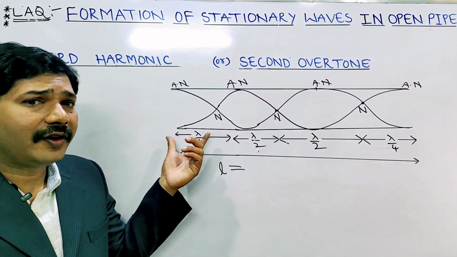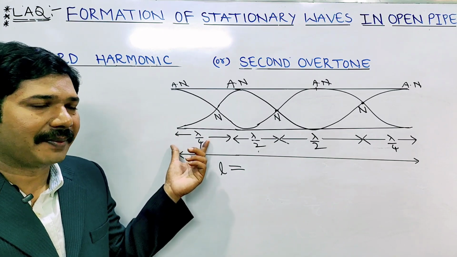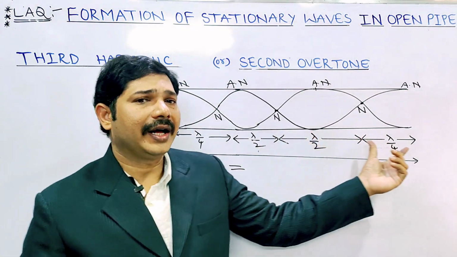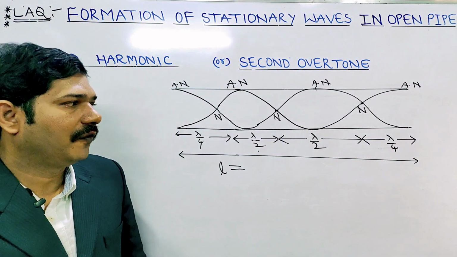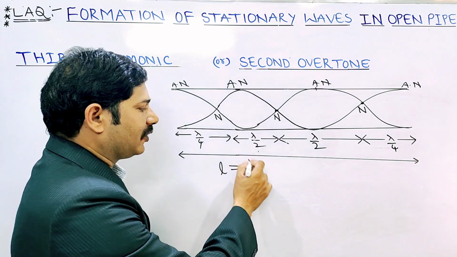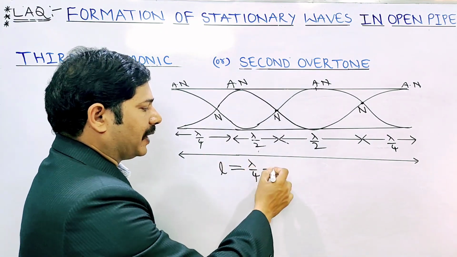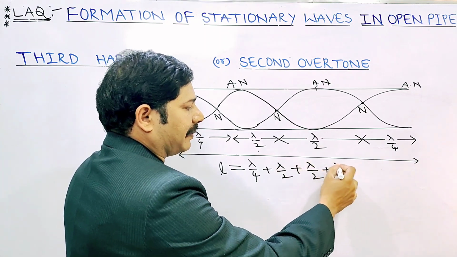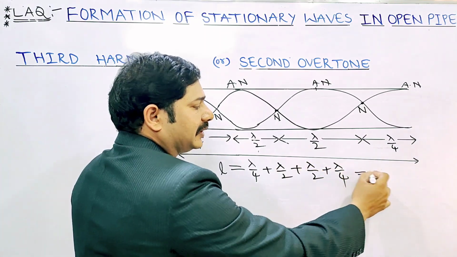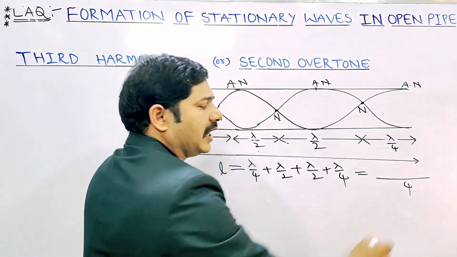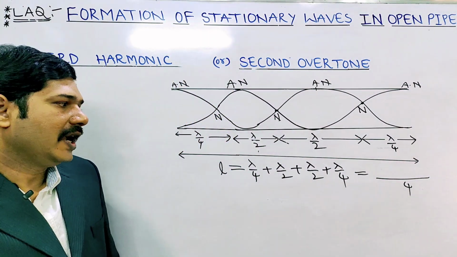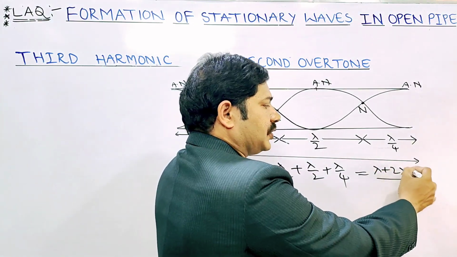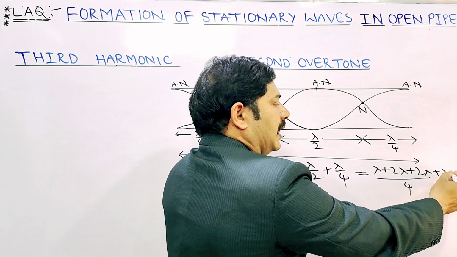Here the first half segment length is how much? Lambda by 4. Full segment lambda by 2, again lambda by 2, and the other end lambda by 4. Here total length L equal to lambda by 4 plus lambda by 2 plus lambda by 2 plus lambda by 4. 4 is the LCM: lambda plus 2 lambda plus 2 lambda plus lambda.